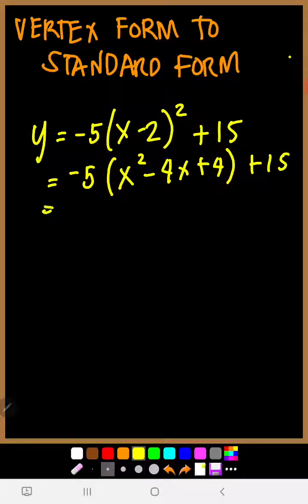And then distribute the coefficient outside the parenthesis to the trinomial inside the parenthesis. So, negative 5x squared plus 20x minus 20 plus 15.